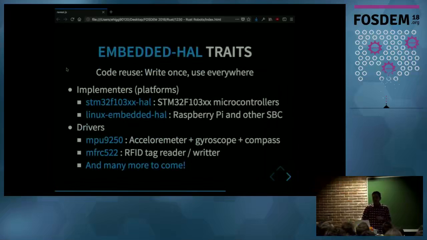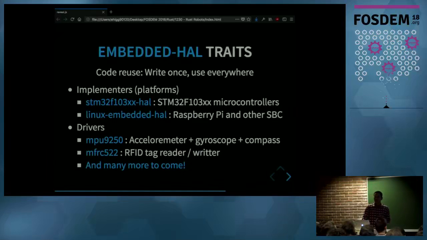And now, the community is putting together this embedded HAL project, which is just a bunch of traits that represent different abstractions you have in embedded systems, such as the serial interface, SPI, and the I2C bus. And the ultimate goal here is code reuse. As I mentioned before, a driver author simply writes the driver using these traits, and they will support any platform that implements these traits.